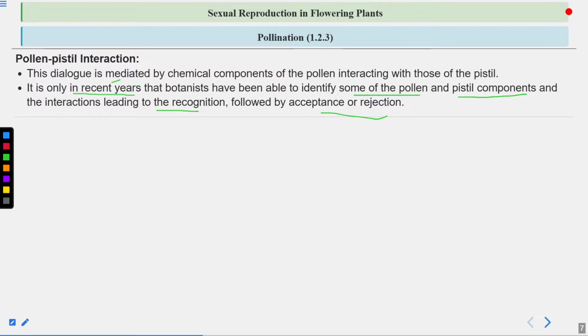Botanists have come to know that some chemicals are released from the pollen as well as the pistil, and with the release of these chemicals, they are able to know each other's genes. On the basis of that, there is an acceptance or a rejection of the pollen. Right? So this is very important, that there is a chemical interaction in the pollen and pistil interaction.